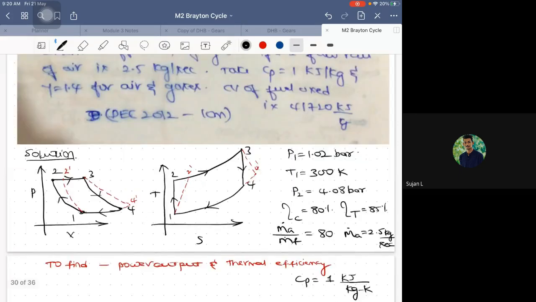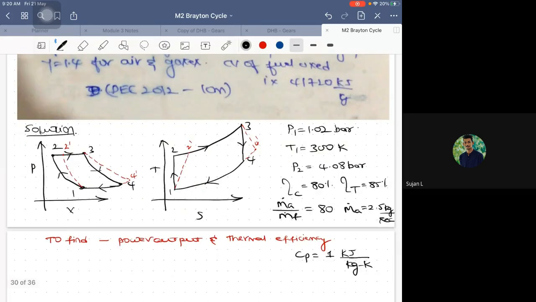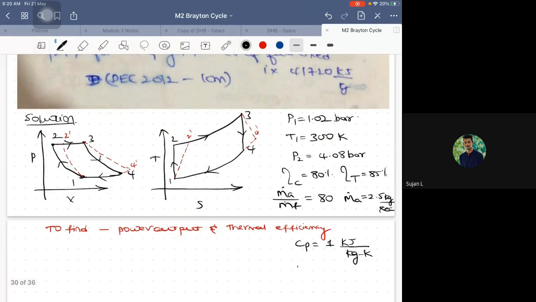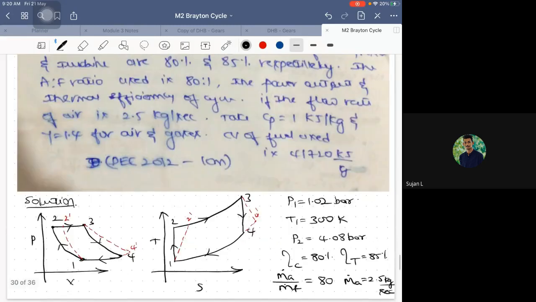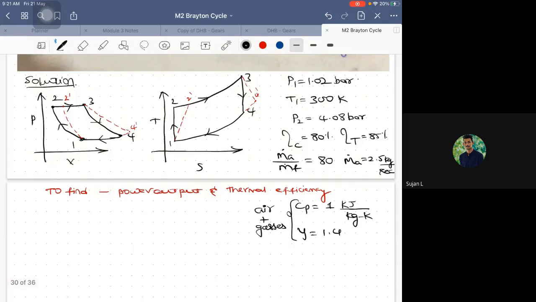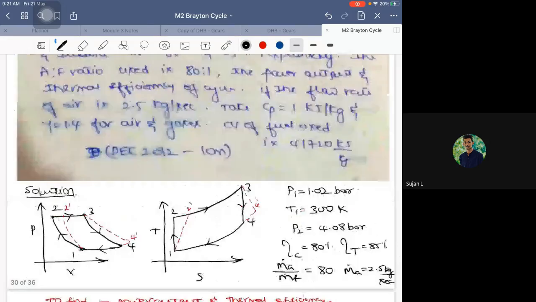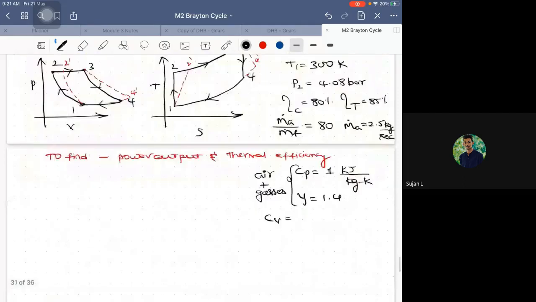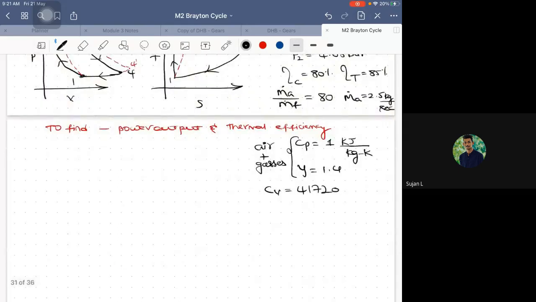Next, gamma is 1.4, and these are the same for air plus gases. He has neatly specified that. The CV value of fuel is also given. How much is it? 41720 kilojoules per kg.